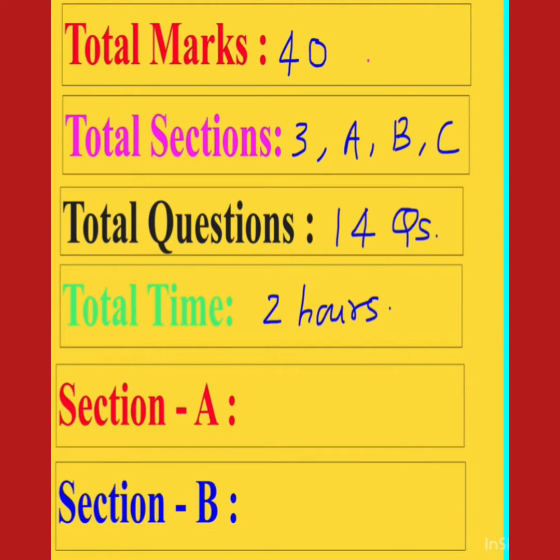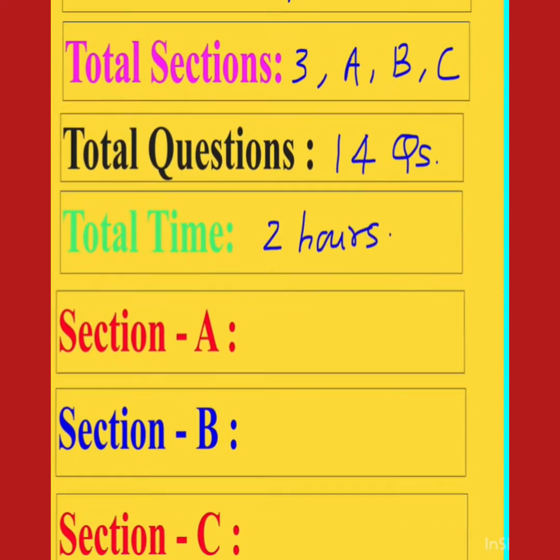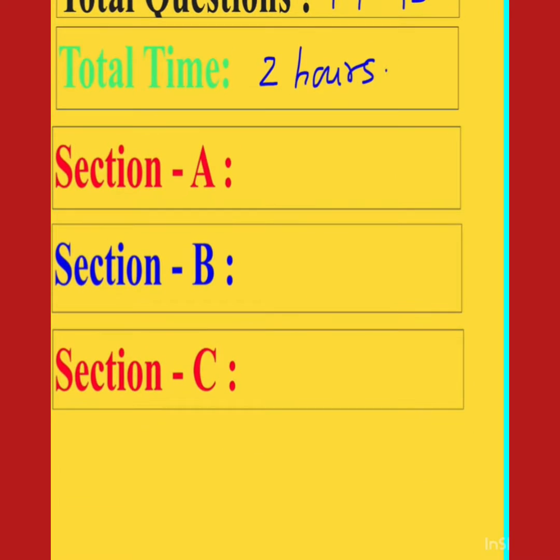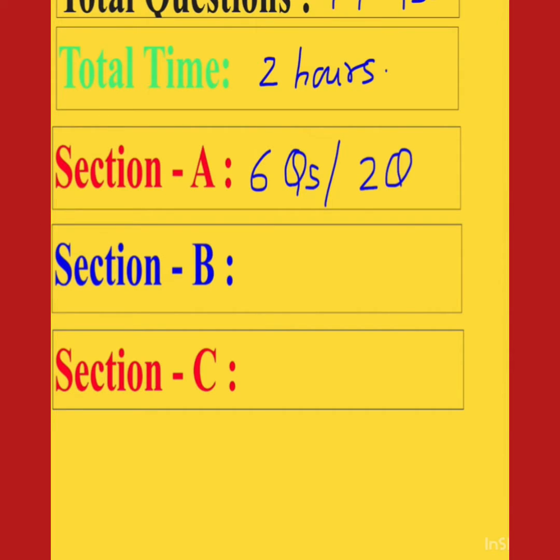In section A, you will get a total of 6 questions, and you will also get 2 internal choices in this section. So you will get a total of 8 questions in section A, and you will attempt only 6 questions.